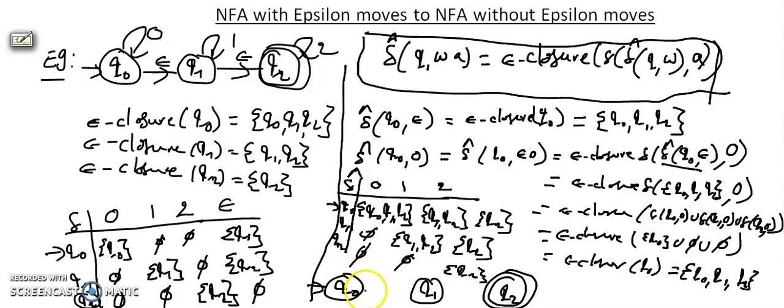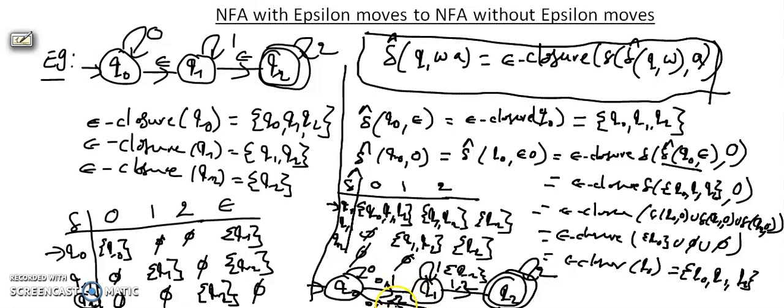The combinations are 0, 1, 2 on Q0; Q1 with 1 and 2; and Q2 with 2, as in the previous table mapping.